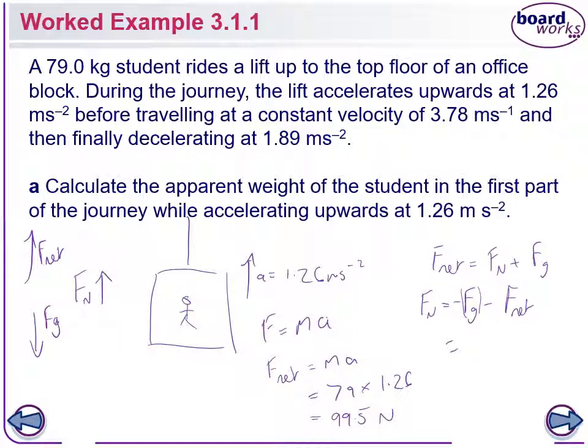All right. So, our Fg, what did we say Fg was? Oh, we didn't. So 79 multiplied by 9.8, which is 774.2. Minus 99.5.